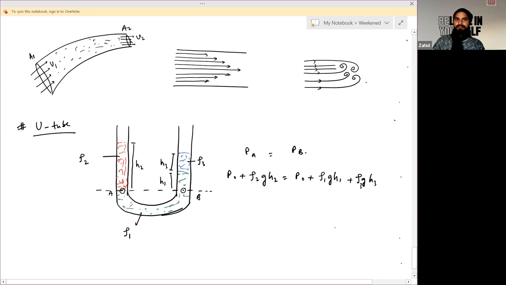Is it clear? So for any U-tube problem, just draw a horizontal line from the lowest junction, and then pressure at this horizontal level on either arm should be equal.